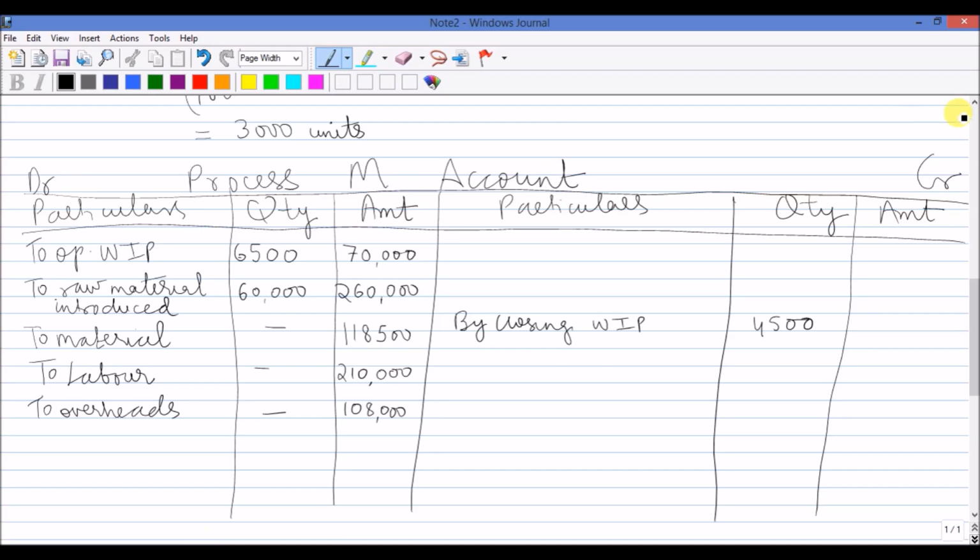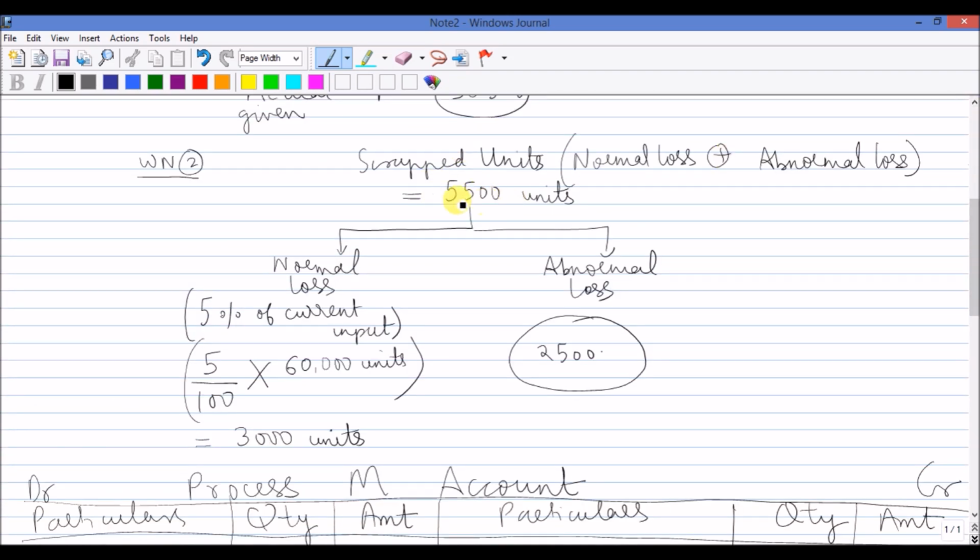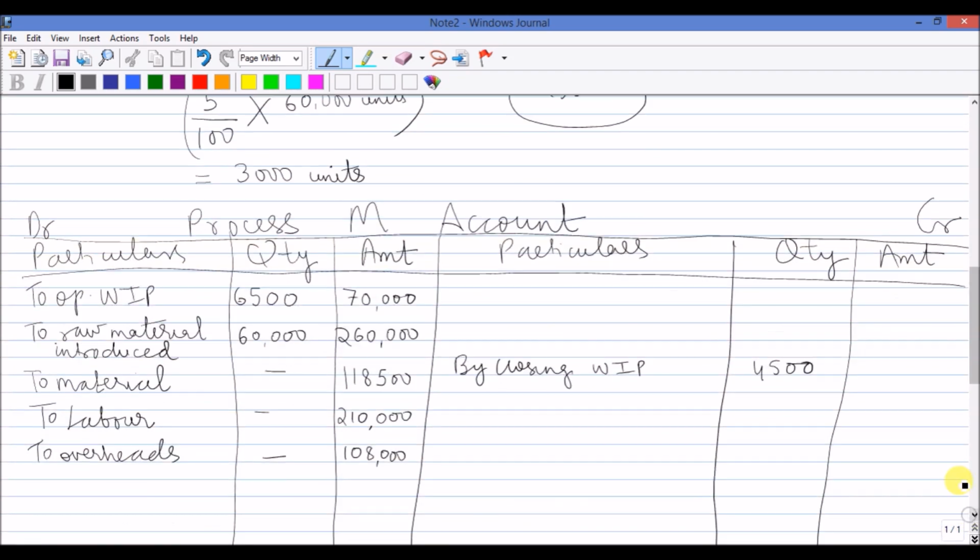No issues. Units scrapped, friends, I have done the working note. So the units scrapped, which is 5,500, is divided into normal loss and abnormal loss. So I'm going to write the two.